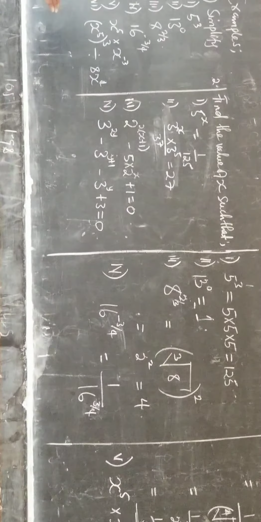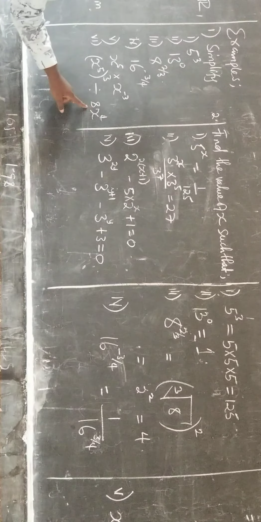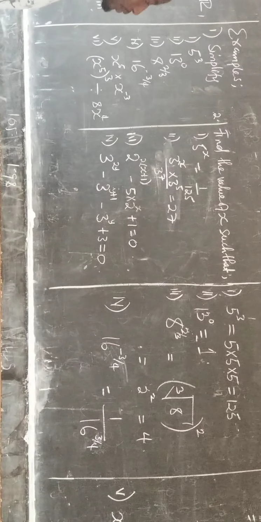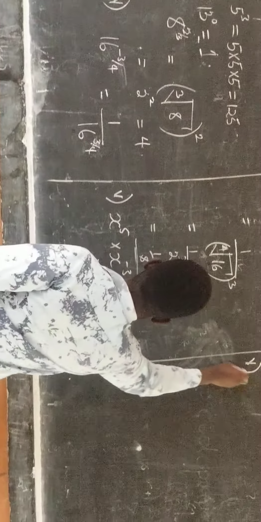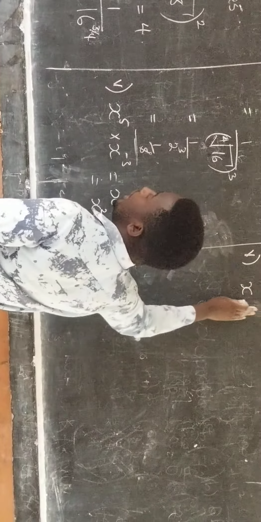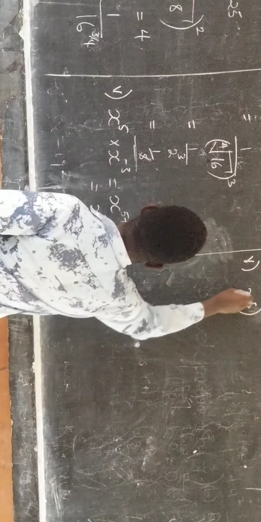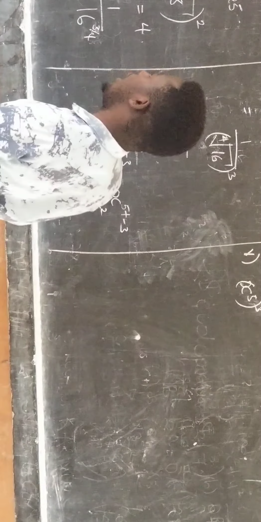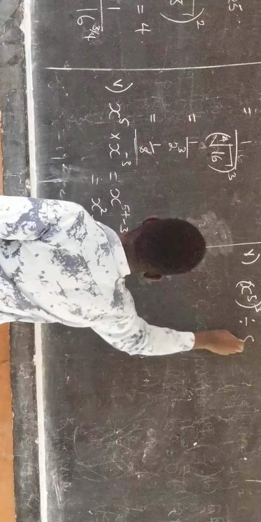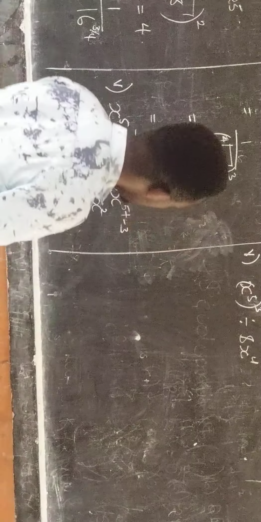Then our last simplification: we have x power 5 in power 3 divided by 8x power 4. I want to simplify this now.